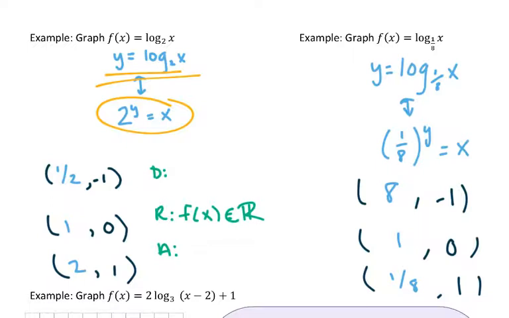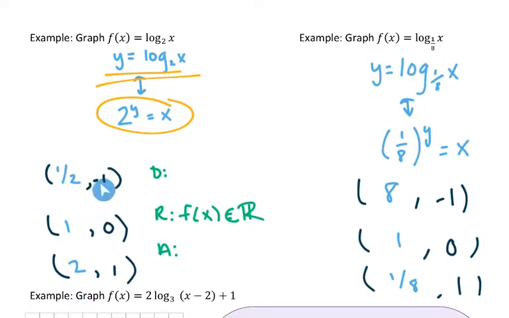Remember, the roles are flipped. Your domain, if you look at this, you have 1/2, 1, and 2. If you were to make these larger, these numbers would get larger: 1, 2, 3, 4. 2 to those powers get really big for your x values.